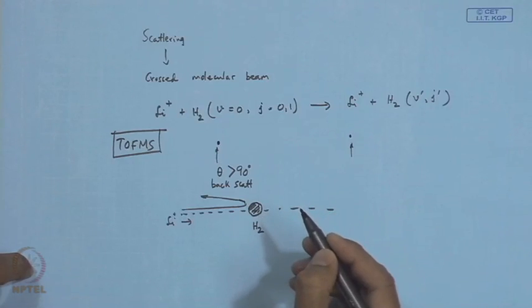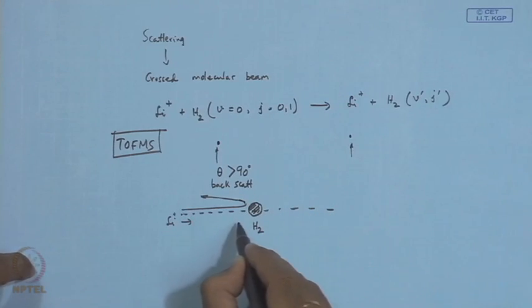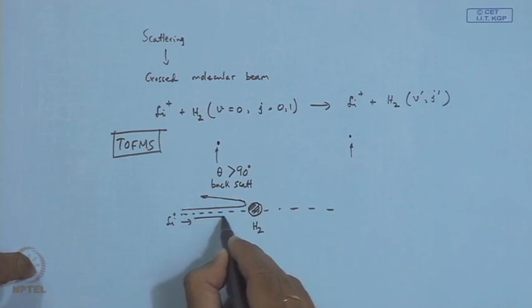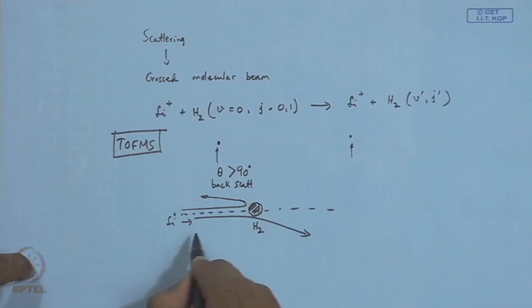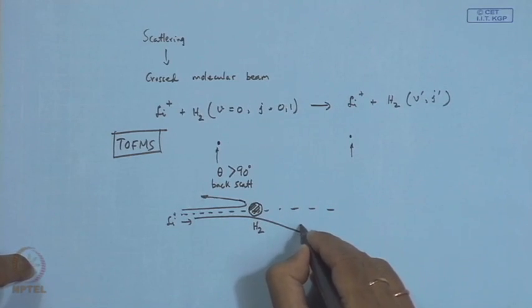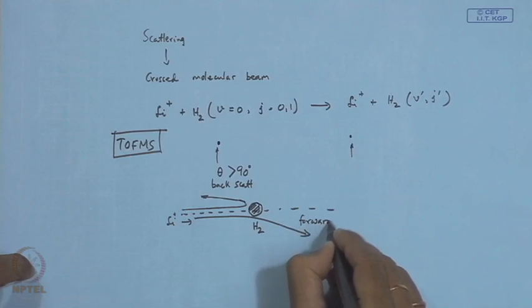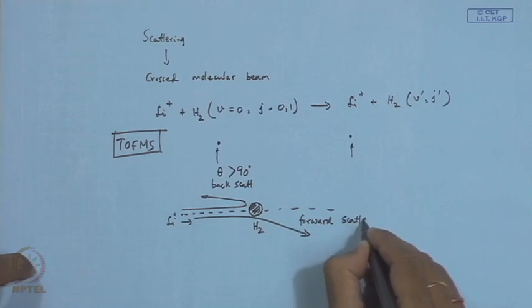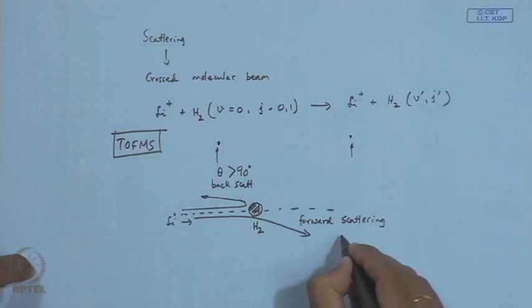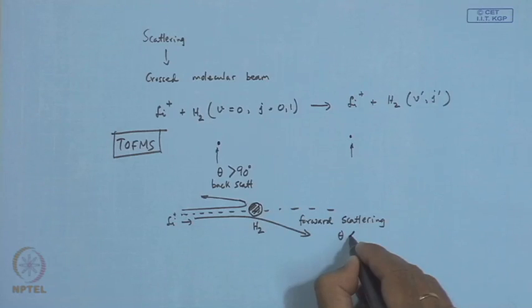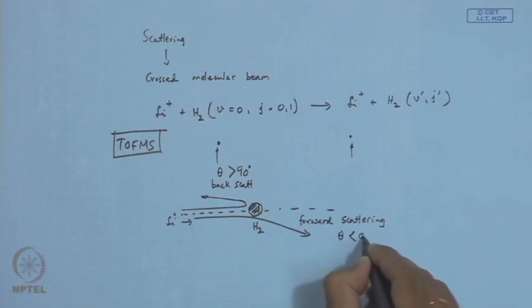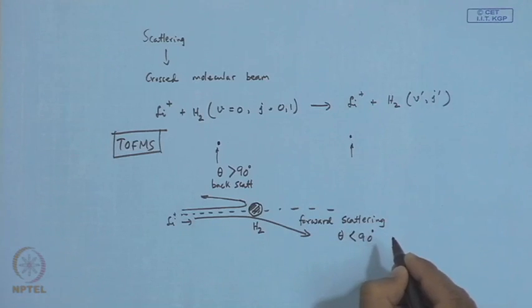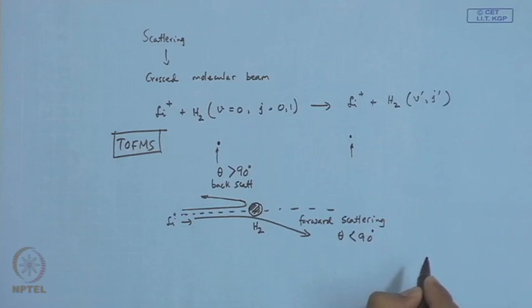But maybe in another situation forward scattering may take place like this. So, forward scattering, in this case theta will be less than 90 degrees.